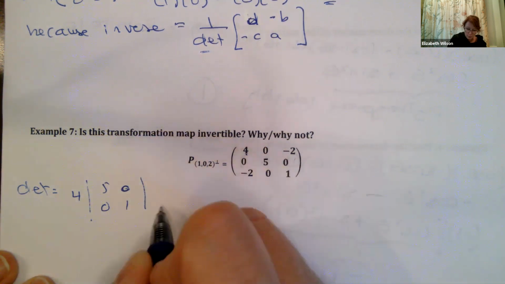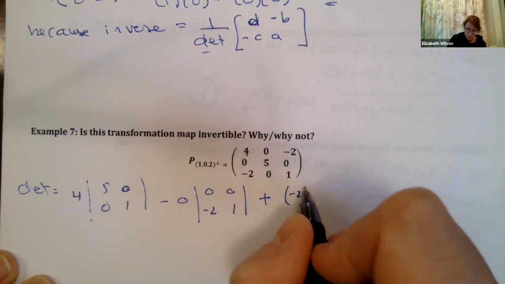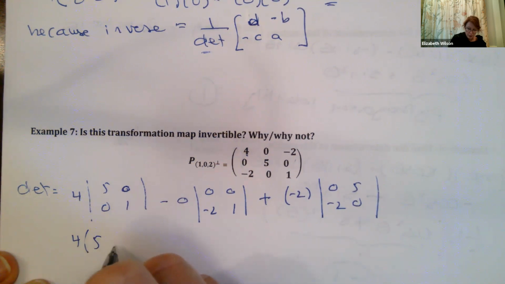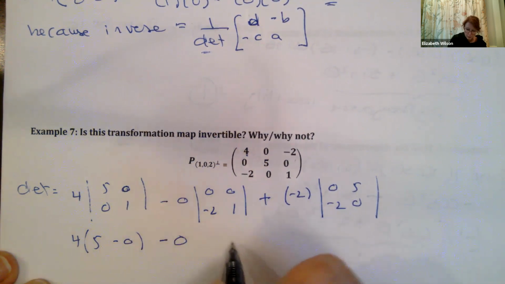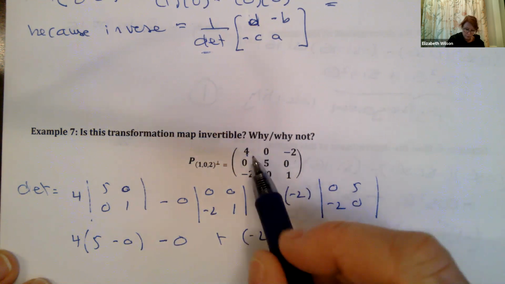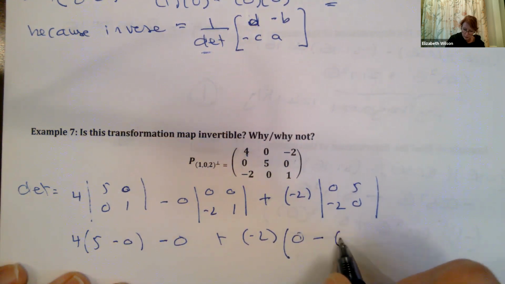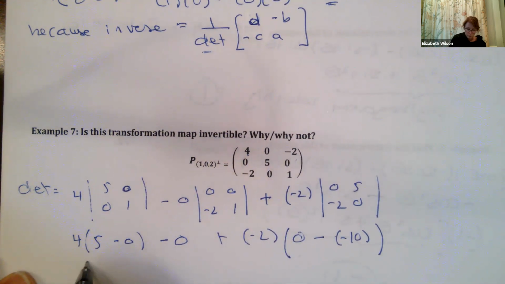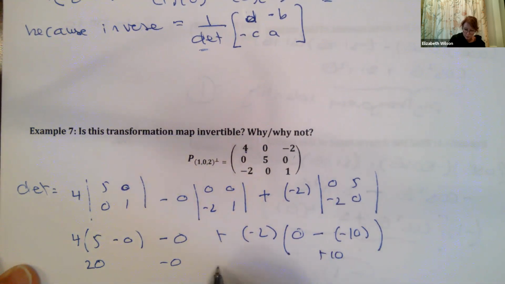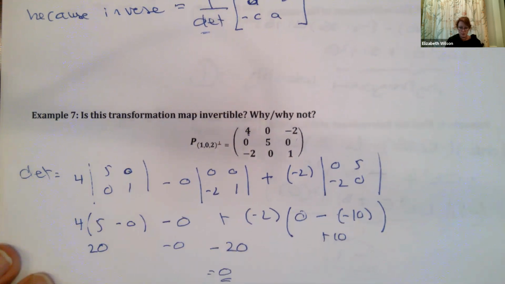So 4 times 5 minus 0 is 20, minus 0. Then minus 2 times, this is going to be positive 10, so minus 2 times positive 10 becomes minus 20. 20 minus 20 is equal to 0. So my determinant is equal to 0.